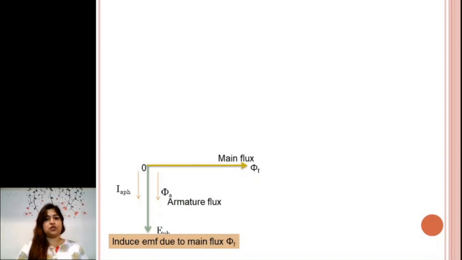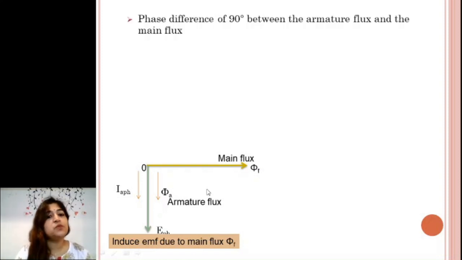Hence, this will be the relationship, right? Now, if you observe this phasor diagram carefully, you will find the phase difference between the main flux phi f and armature flux phi a is 90 degrees, and that is our observation.